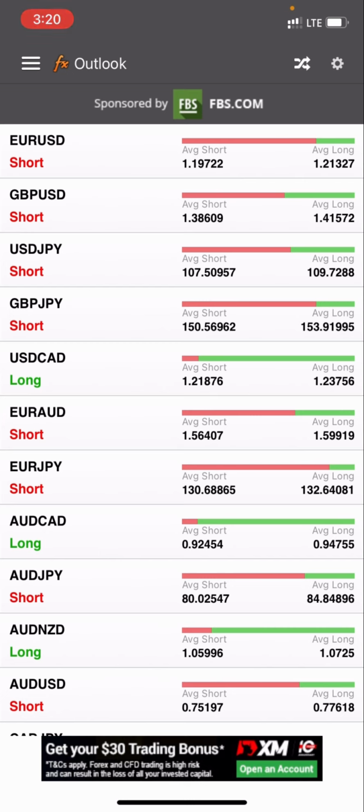Do you understand? You shouldn't just use this alone as your signal to go and trade. There are times whereby it doesn't go as the retailers predict or feel it will go. So you can use this plus your indicator to get proper information on where the market is going.